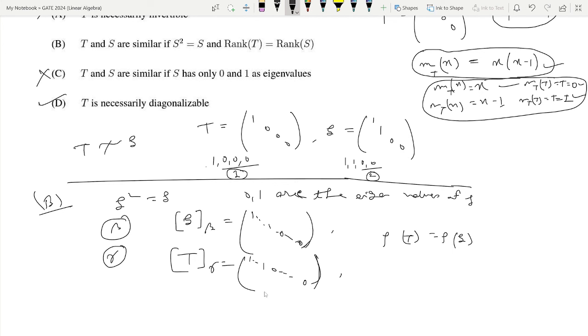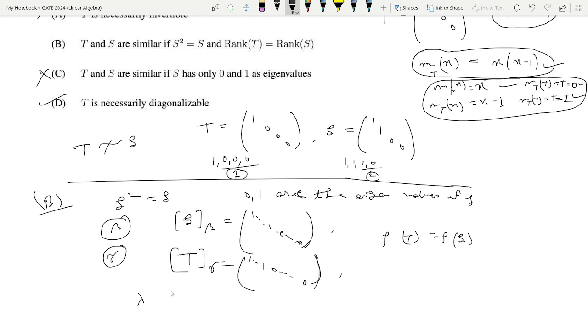Also, they are 4 by 4 matrices. As these two matrices contain the same number of 0s and the same number of 1s in their diagonal positions, they must be similar.